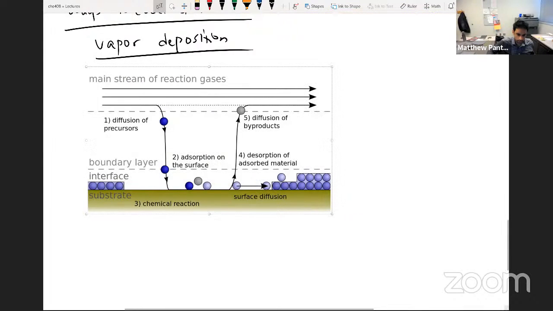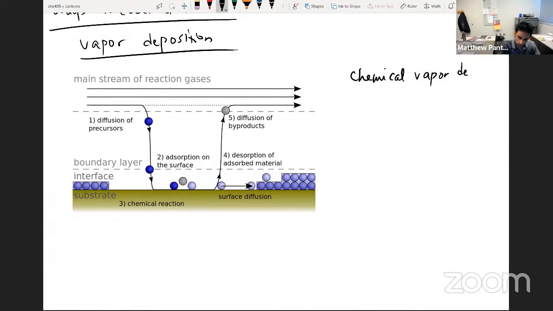So this process here is called chemical vapor deposition. It's a chemical reaction process that happens between a vapor and solid phase. This is called CVD for short.